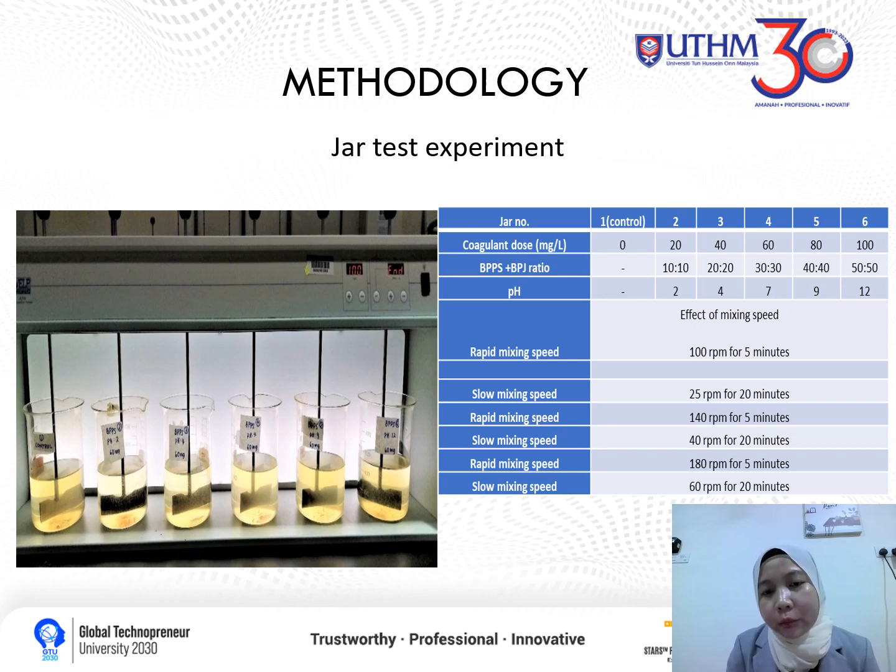Also the ratio between the BPPS and BPJ is varied, and pH as well as mixing speed. We have a variation of rapid mixing speed and slow mixing speed because we want to see the effect of this mixing speed toward the removal of some water quality parameters.